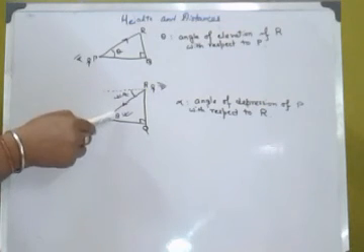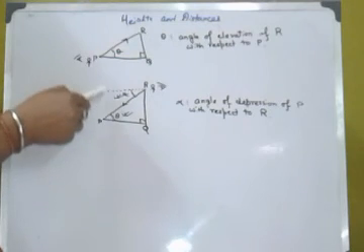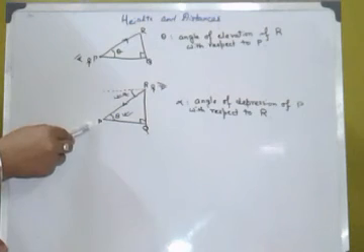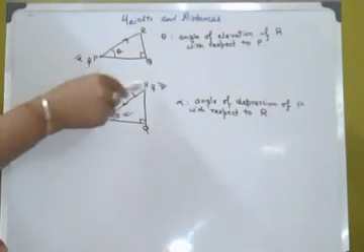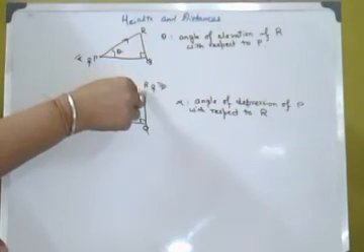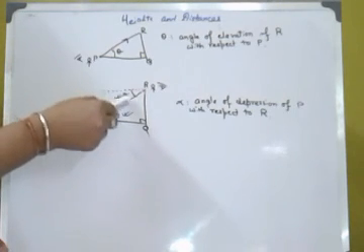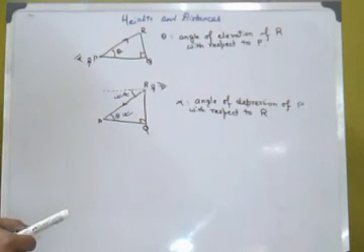If the observer is standing at P and he is looking at R, the angle is called the angle of elevation. If the observer is standing at R and he is looking at P, then this angle is called the angle of depression. Now we will solve some problems with the help of this concept.